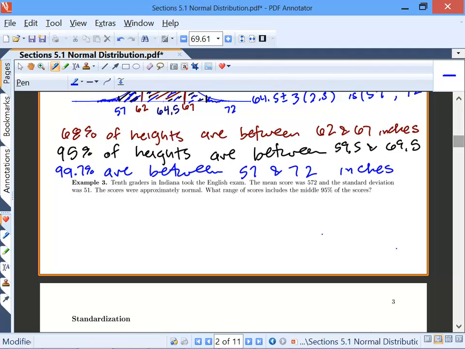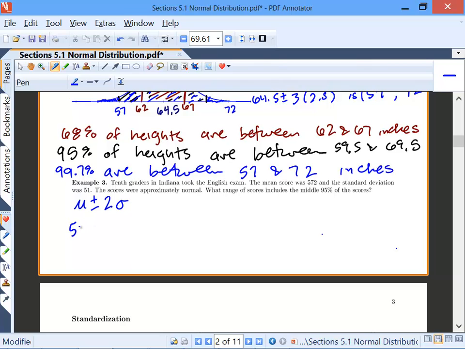So we can say things like, 10th graders in Indiana took the English exam. The mean score is 572, the standard deviation was 51. The scores were approximately normal. What range of scores includes the middle 95% of the scores? How many standard deviations should I be away from the mean then? 2 standard deviations.